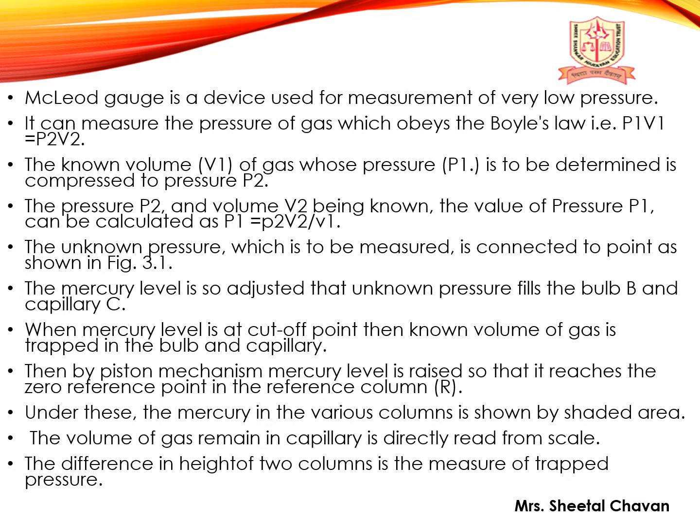Then by the piston mechanism, the mercury level is raised so that it reaches the zero reference point in the reference column R. Under these conditions, the mercury in the various columns is shown by the shaded area. The volume of gas remaining in the capillary is directly read from the scale. The difference in heights of the two columns is the measurement of the trapped pressure.